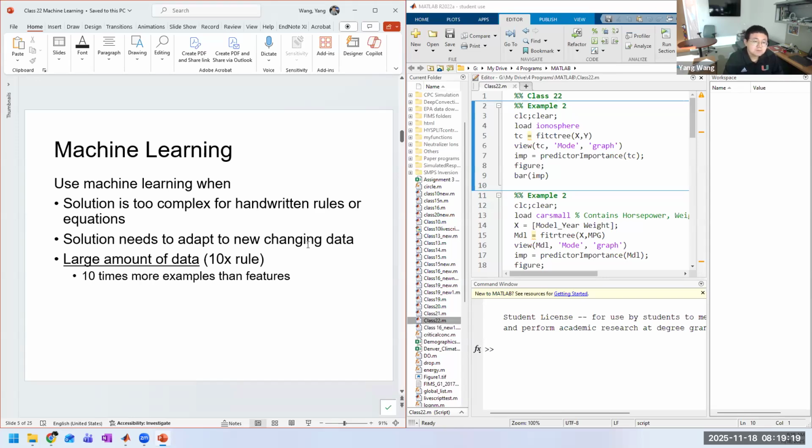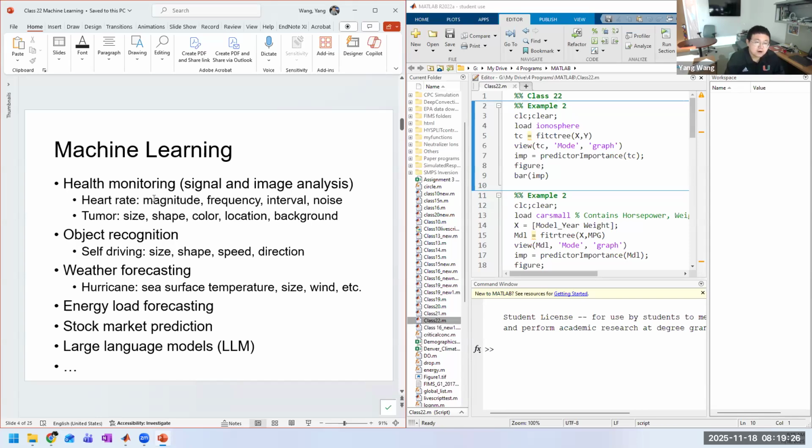So you need to have 10 times more examples than features. What that means is, if you look at the heart rate example, here we're listing 4 features, right? To properly train a machine learning model, you need to have at least 40 examples of the heart rate, associated with these 4 different features.